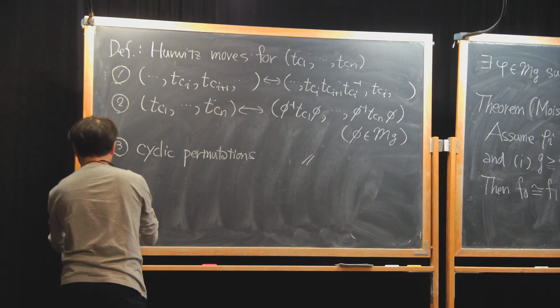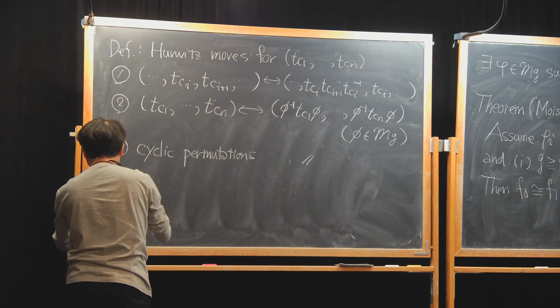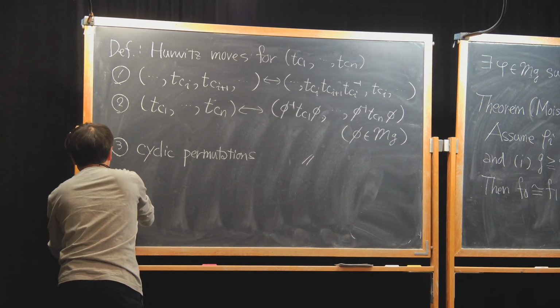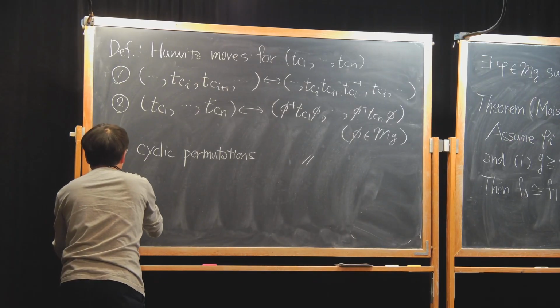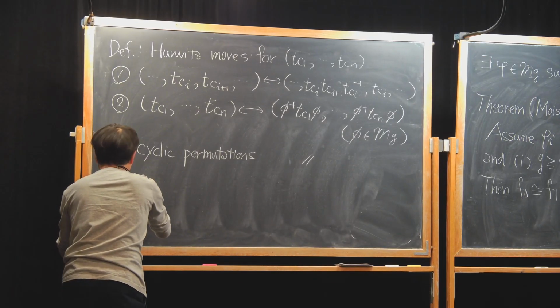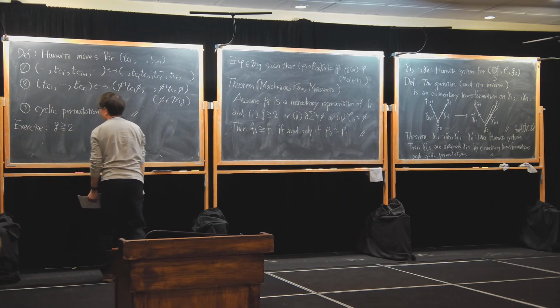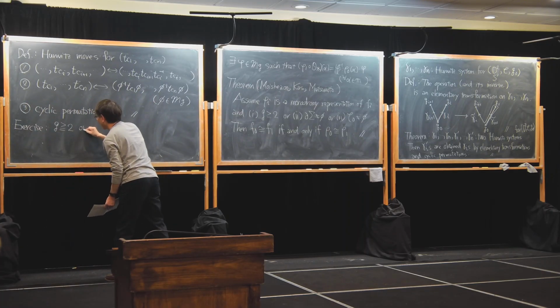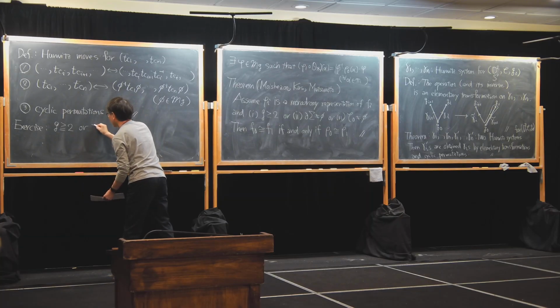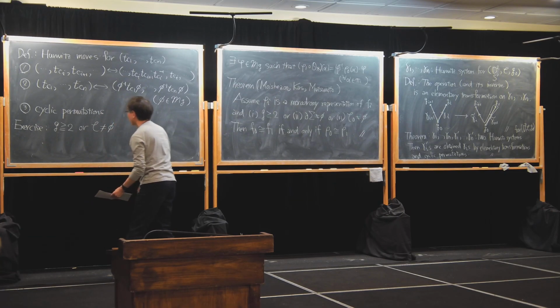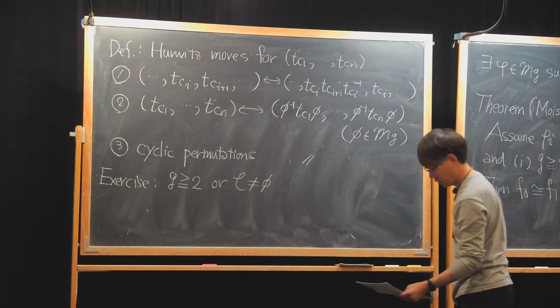And finally, we have the following conclusion. This is an exercise for you. So assume that g is greater than or equal to 2, or the set of critical points is not empty.